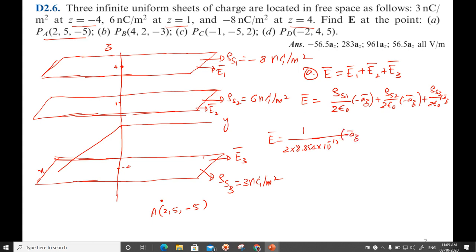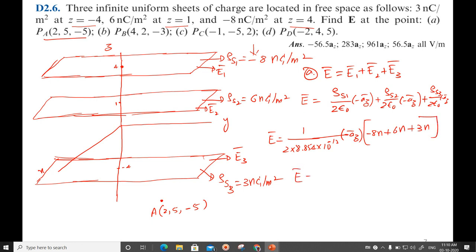Let me take it out first. Then I will add all the rho s1 plus rho s2 plus rho s3. Rho s1 is how much? Minus 8 nano. Rho s2 is plus 6. Observe, take care of the sign also. Minus 8 nano plus 6 nano, then third sheet plus 3 nano. Nano means 10 power minus 9.